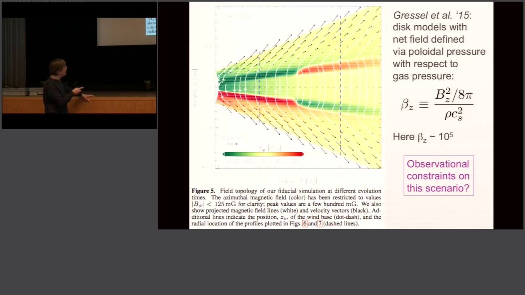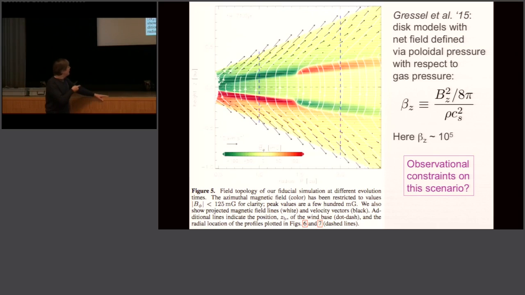And this calculation has a net field defined by the ratio of the magnetic field pressure at the midplane to the gas pressure at the midplane that's about 10 to the 5, except this should be 1 over this expression. So the gas pressure should be 10 to the 5 times stronger than the magnetic pressure. So this is a very weak magnetic field, relatively speaking, but nonetheless it does seem to be supporting mass loss coming from the disk on these scales.